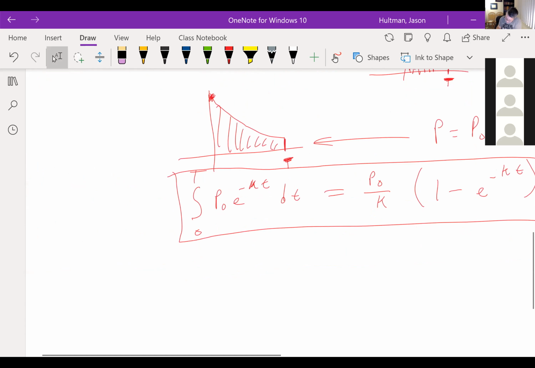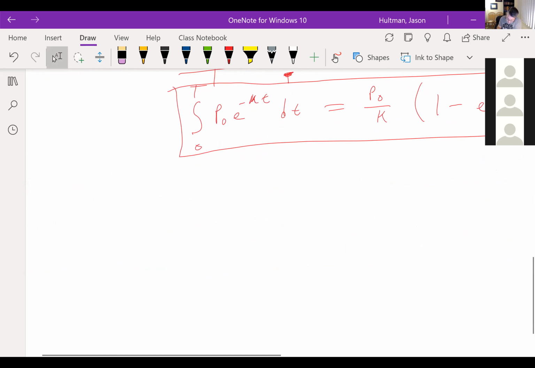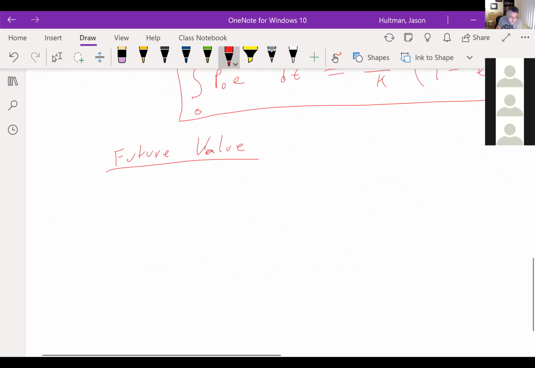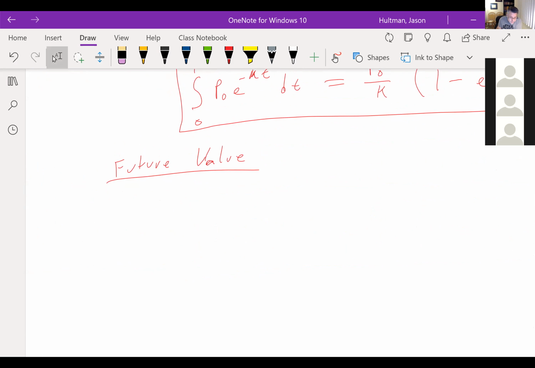Okay, so how does this apply to the world of business here? Let's talk about the future value. The future value P of t is equal to P naught e to the kt.